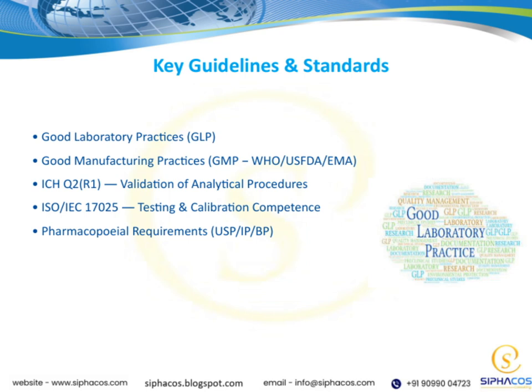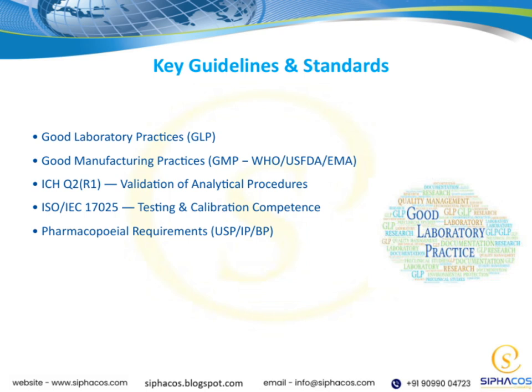These GMP guidelines are recognized by organizations like WHO, US FDA, and EMA, highlighting their global acceptance. Next, the ICH-Q2 R1 guideline focuses on the validation of analytical procedures, making sure our testing methods are accurate, precise, and reliable. Validation is a cornerstone for quality control in any analytical work.